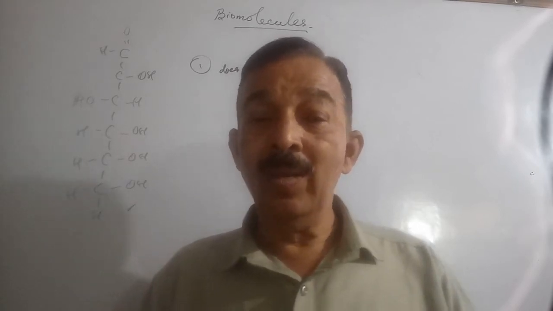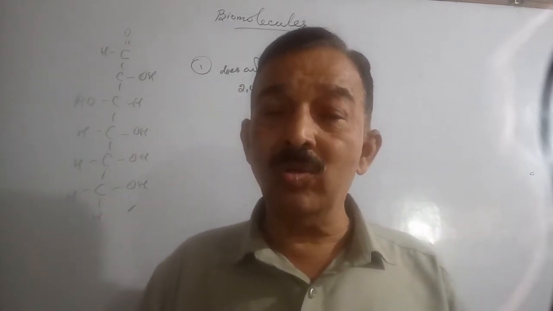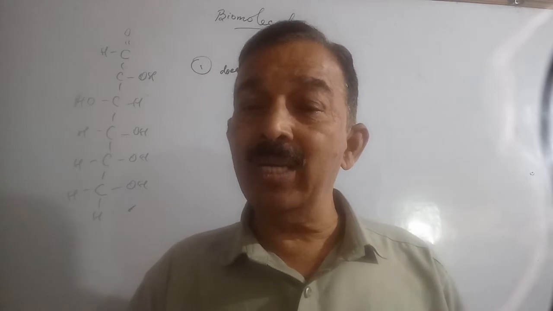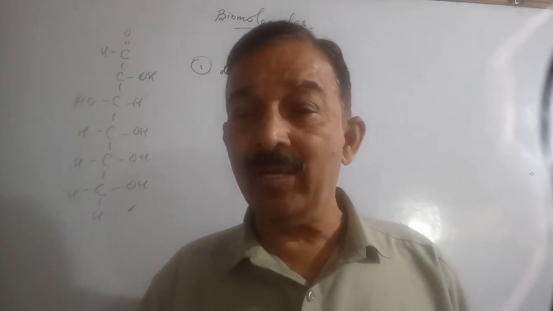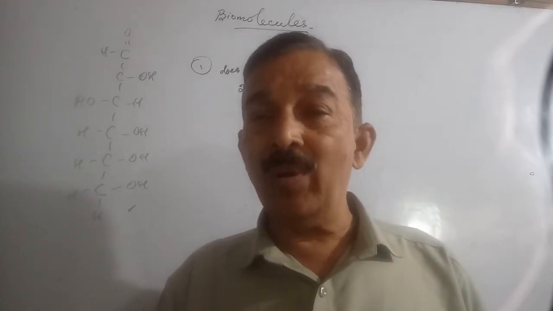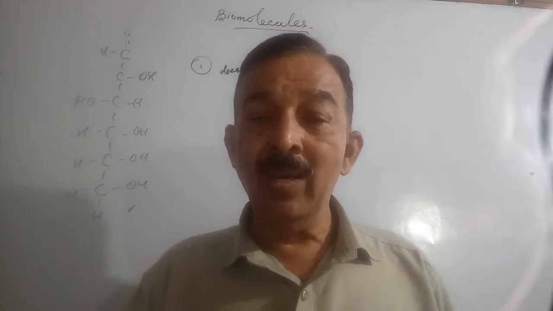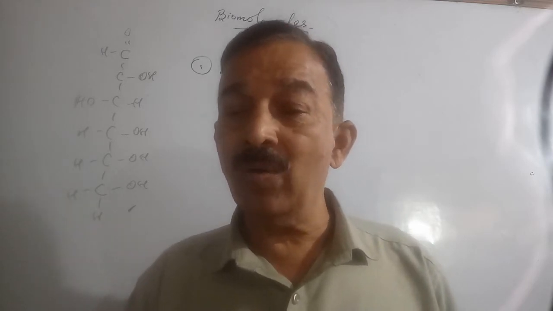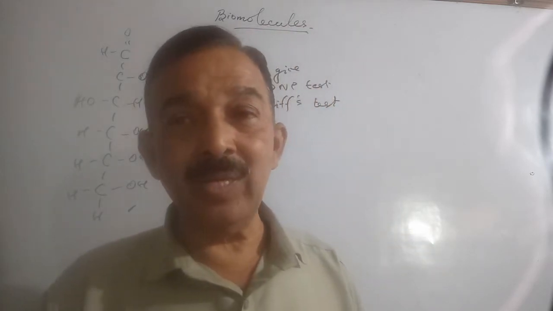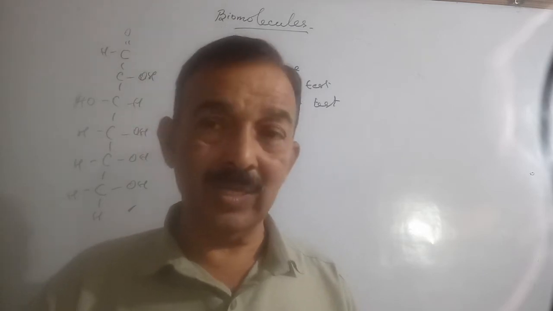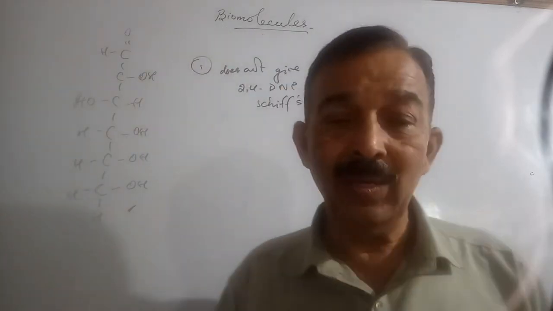The alpha form of glucose, whose melting point is 419 Kelvin, is obtained by crystallization from concentrated solution of glucose at 303 Kelvin.